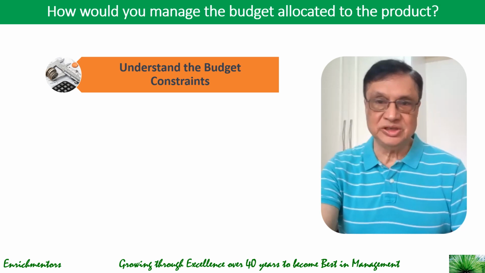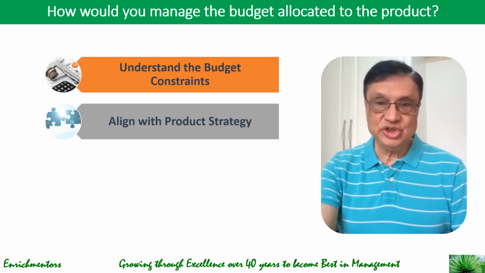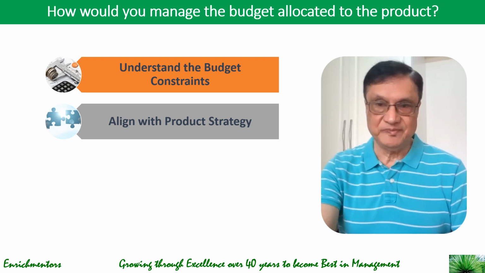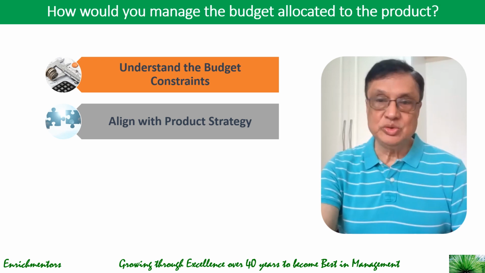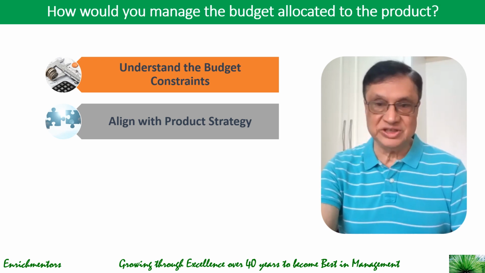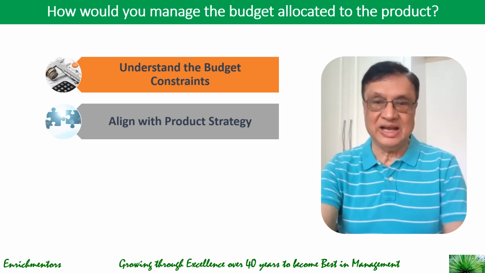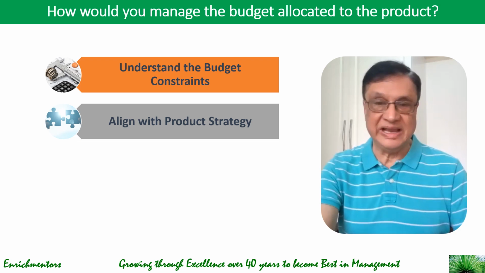And the budget here could mean financial resources, money, and people, human resources, development teams, designers, marketers, right? And then ensure that the budget allocation aligns with the product's strategic goals and objectives, right? Any expenditure would directly contribute to achieving these goals. So budget items are aligned to the strategic goals and objectives.